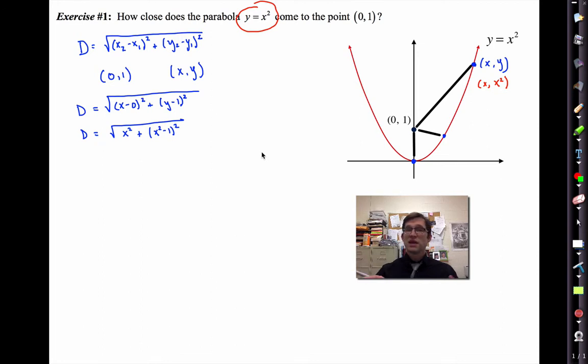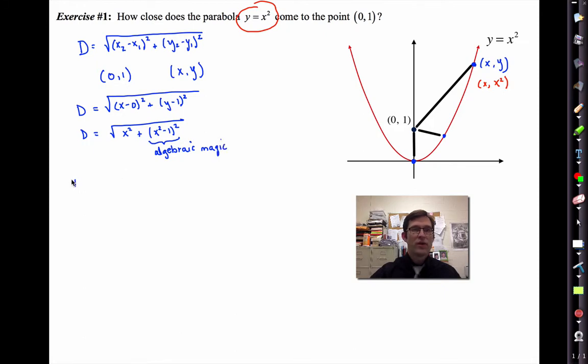Now again, we could take the derivative right now, set it equal to 0, do some calculus magic, but it always kind of pays to do a little algebra. As we said in our last lesson, algebraic magic. So let's make some algebraic magic happen here.